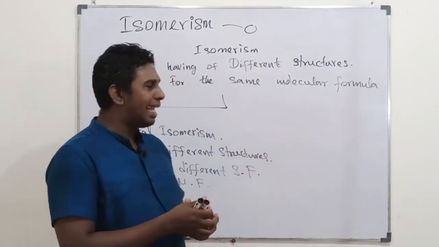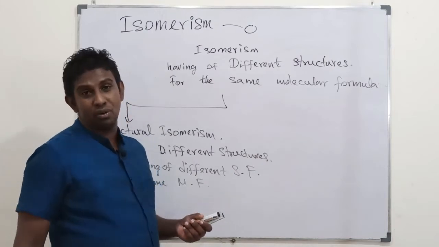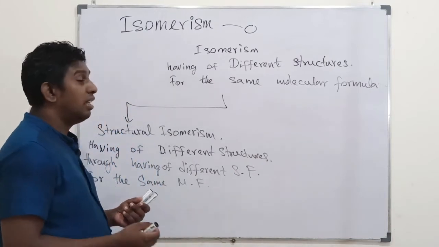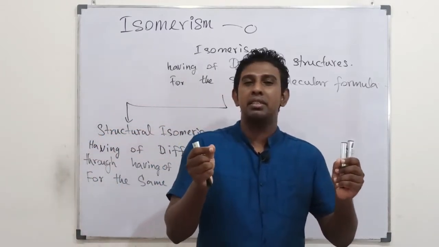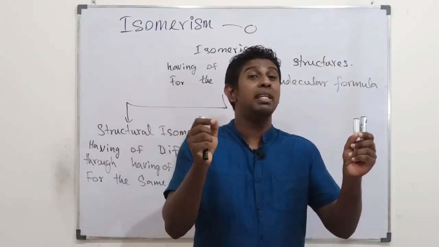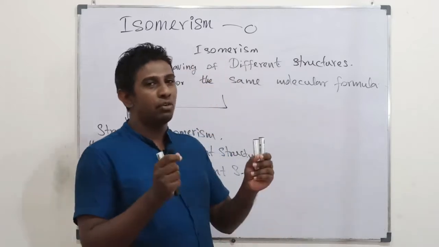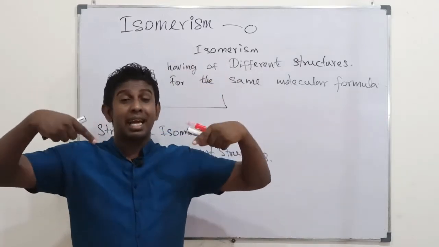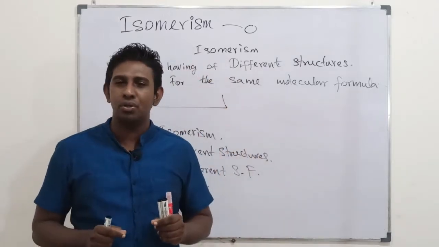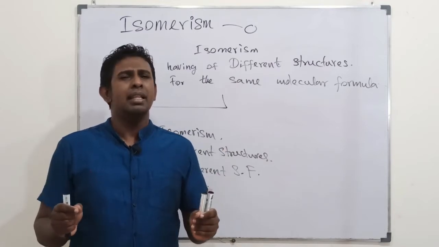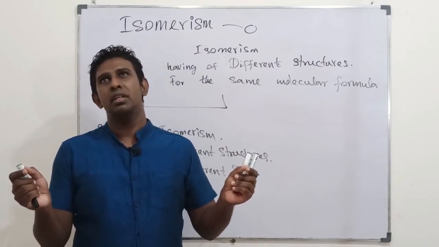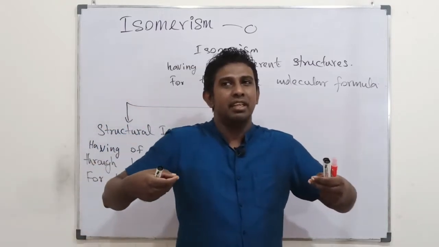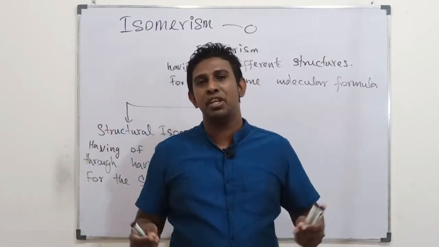So at that time, they won't have different structural formulae. They would have the structural formula also being the same. Not only the molecular formula, but also their structural formula is the same. Then students, there would still be different compounds being arranged differently in three-dimensional space.